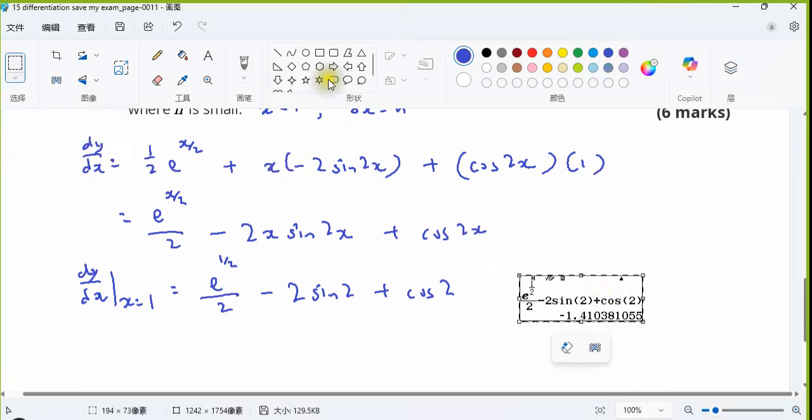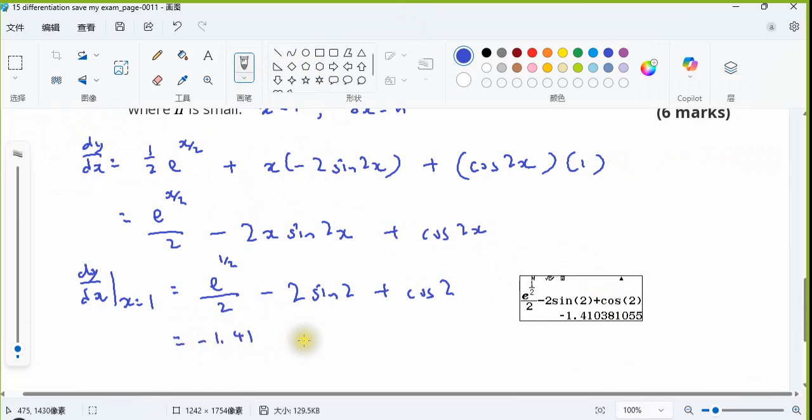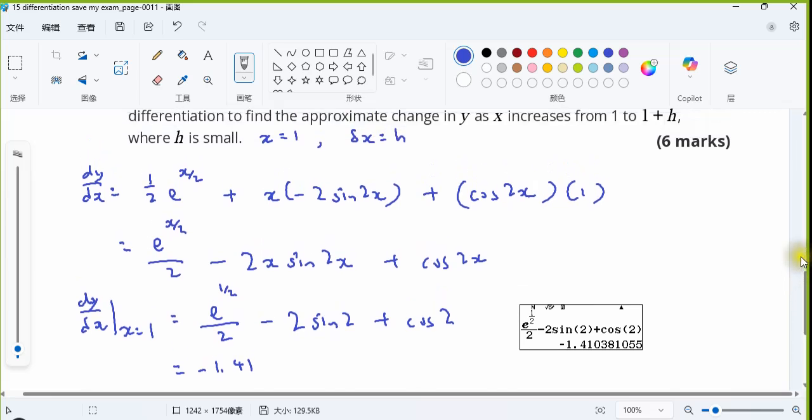So this one will be negative 1.41. So we know that delta y over delta x is approximately dy/dx. So delta y is approximately dy/dx times delta x. So this will be negative 1.41h as the final answer.